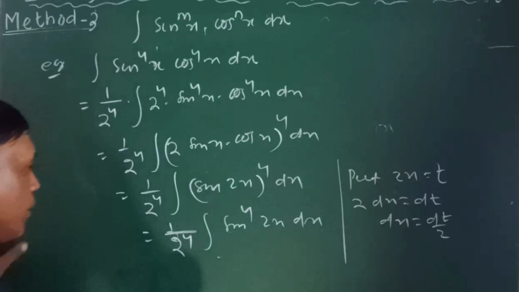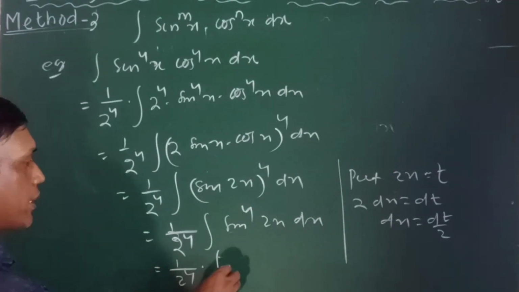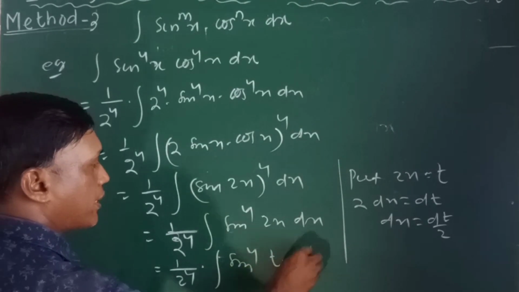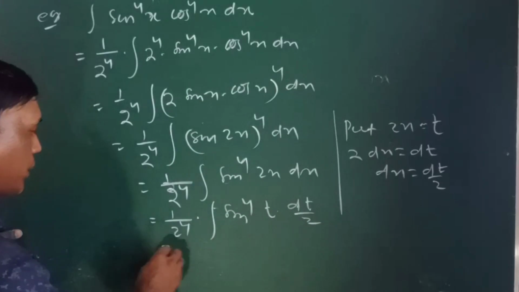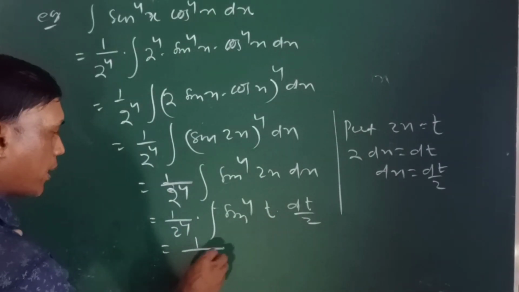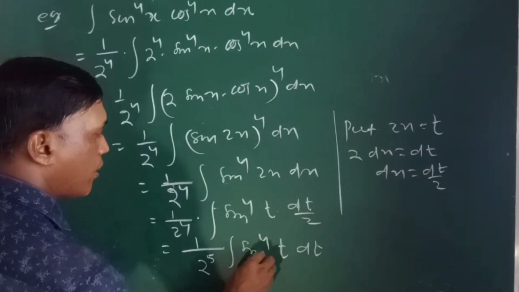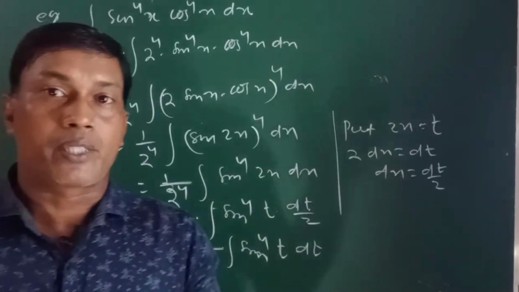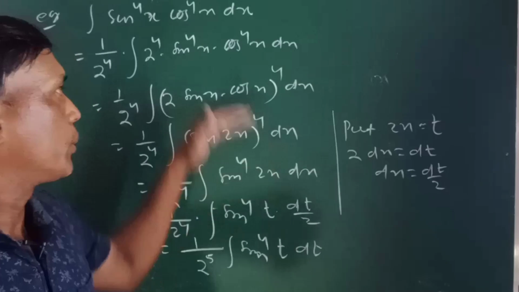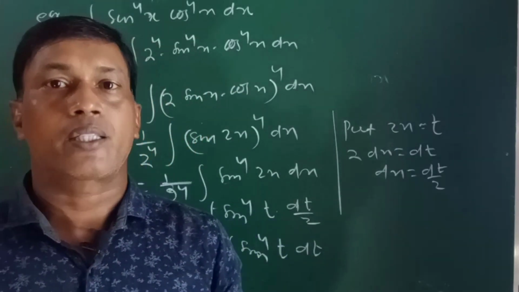So now this is 1 by 2 to the power 4 into integration sin to the power 4 2x is t and dx is dt by 2, which is equal to 1 by 2 to the power 4 into 2 is 2 to the power 5 into integration of sin to the power 4 dt. I have recently solved sin to the 4x, so by this method you can solve sin to the 4t. So this is the method to integrate when both the powers of sin and cos are equal.